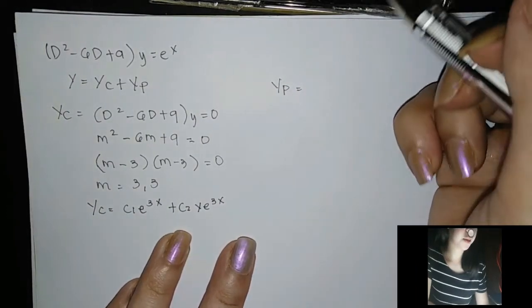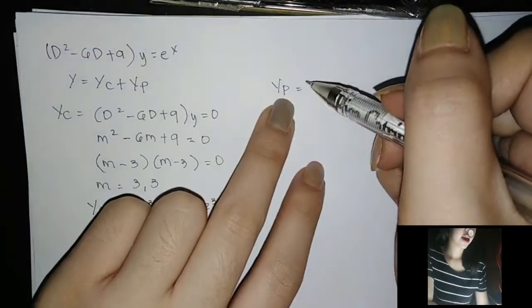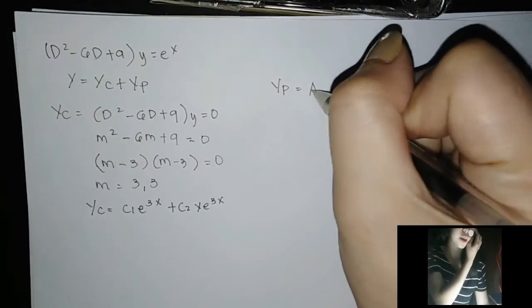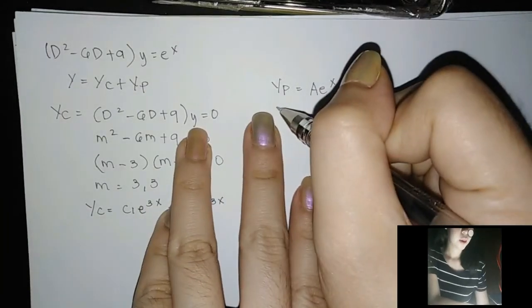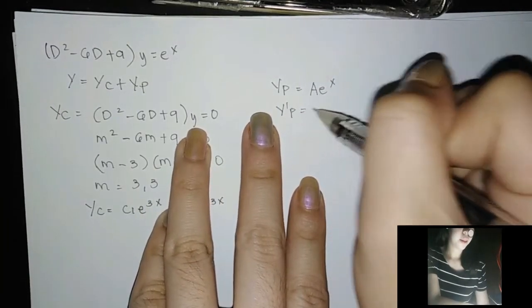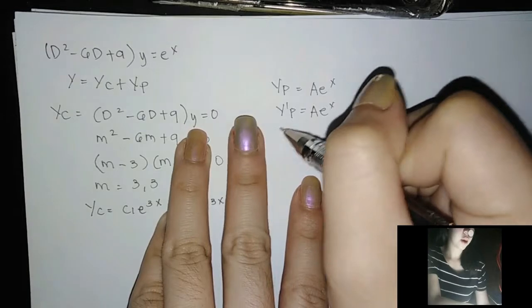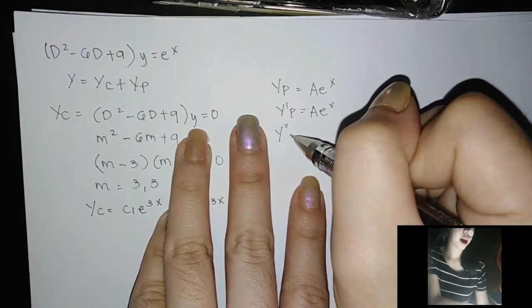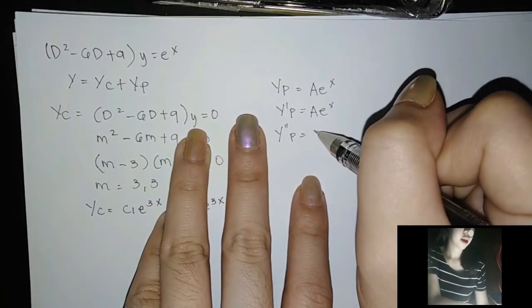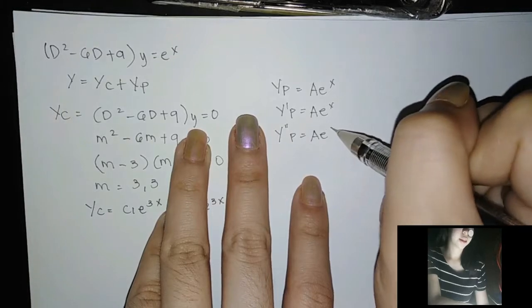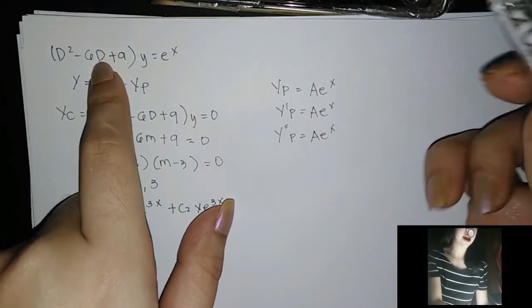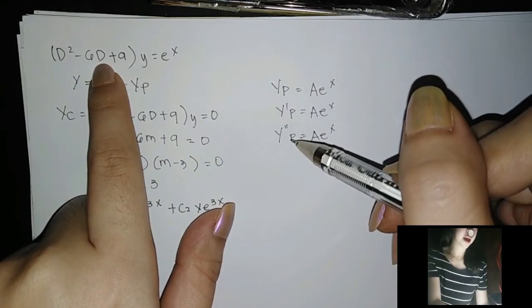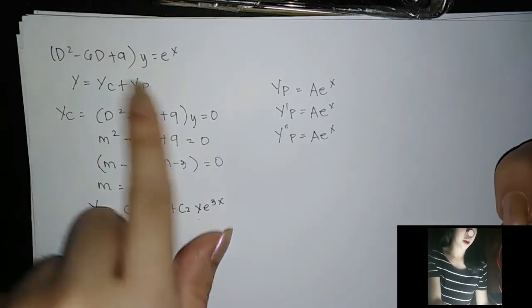So, since ang yp natin is e raised to x, ang gagamitin natin is yung a e raised to x. So, derive a e raised to x, y double prime, same lang din. So, itong y prime natin is equal siya dito sa D. At ito namang y double prime natin ay equal siya dito sa D squared.